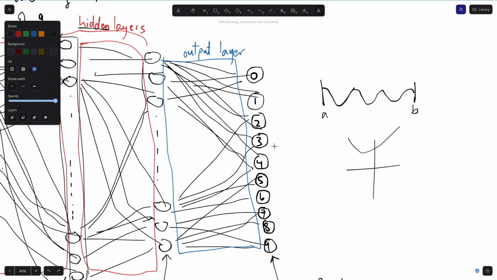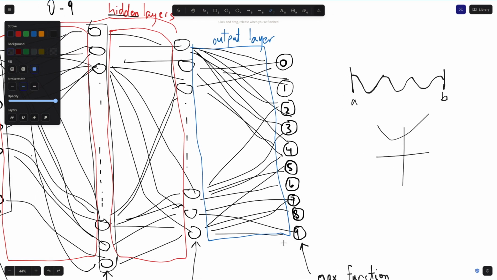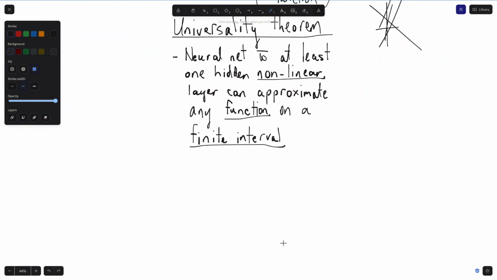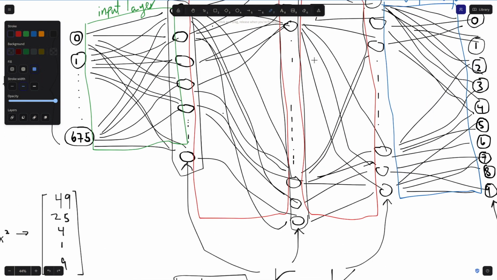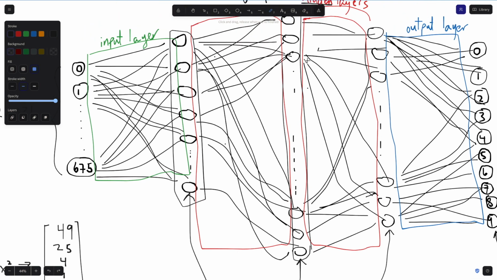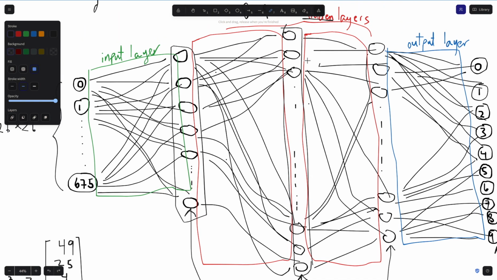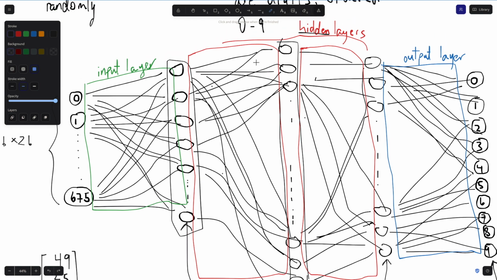Instead of just producing one output, we're producing 10 different outputs. So what the universality theorem states is that if we have at least one hidden layer with a nonlinearity, let's say there exists some function that classifies these digits the best. What this says is that you can pick parameters in this network that can approximate that particular function to any degree of precision on a finite interval.